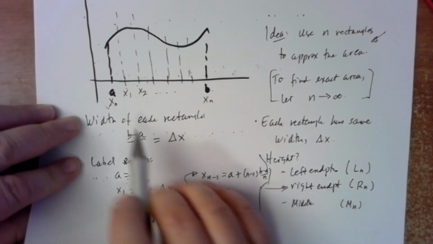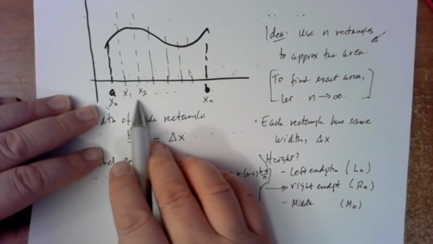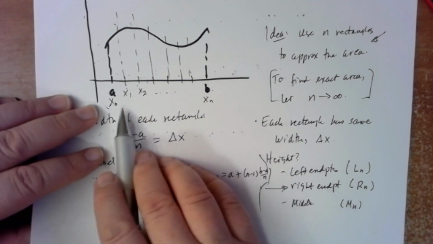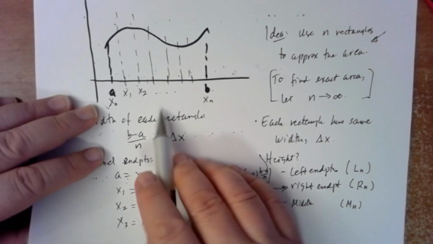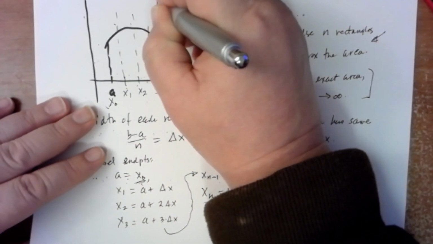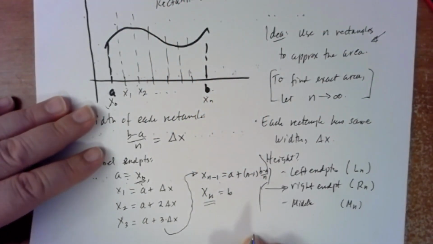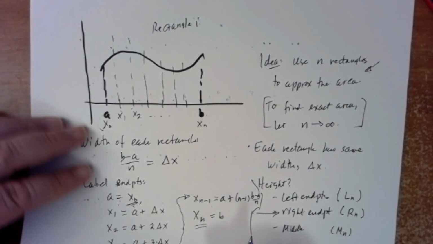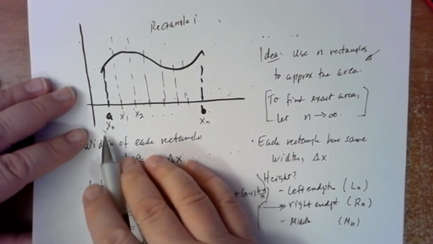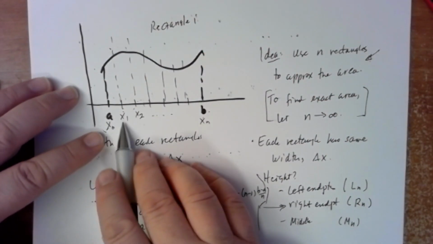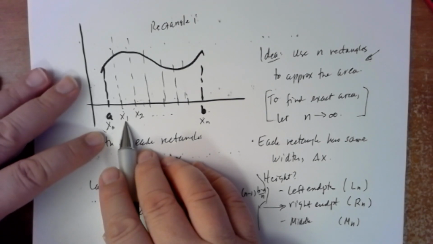And also, by the way, having these set up this nicely here will tell us which rectangle we're on. So rectangle i, we could say, has what endpoints? Well, we could say that rectangle 1 has endpoints x sub 0 and x sub 1.